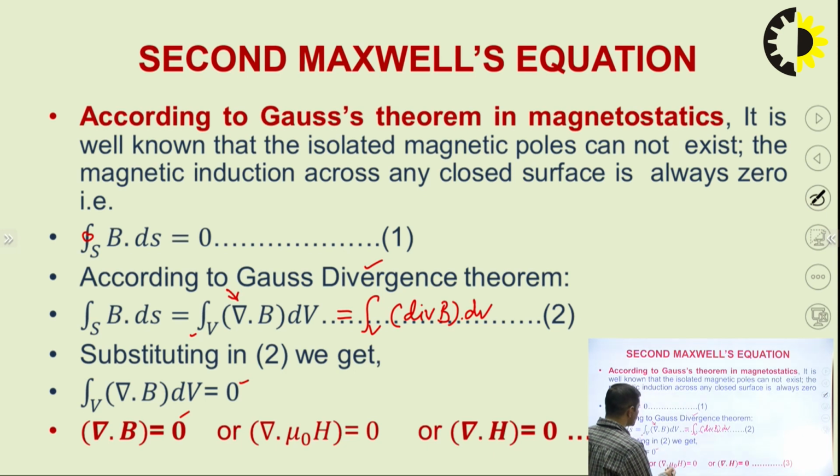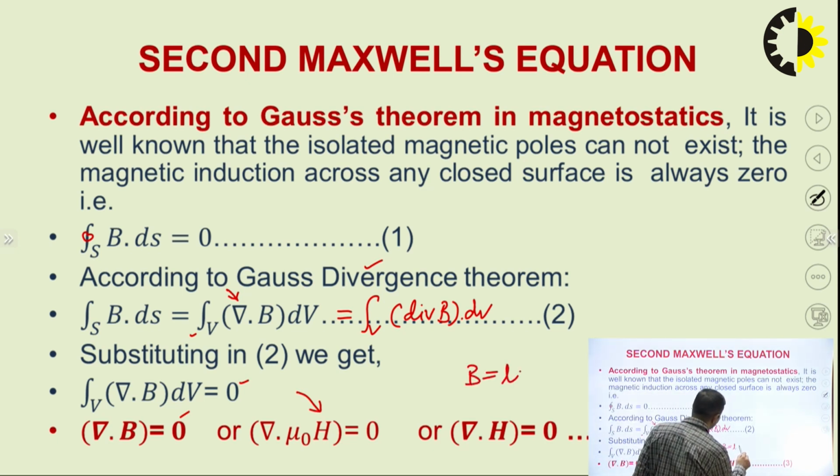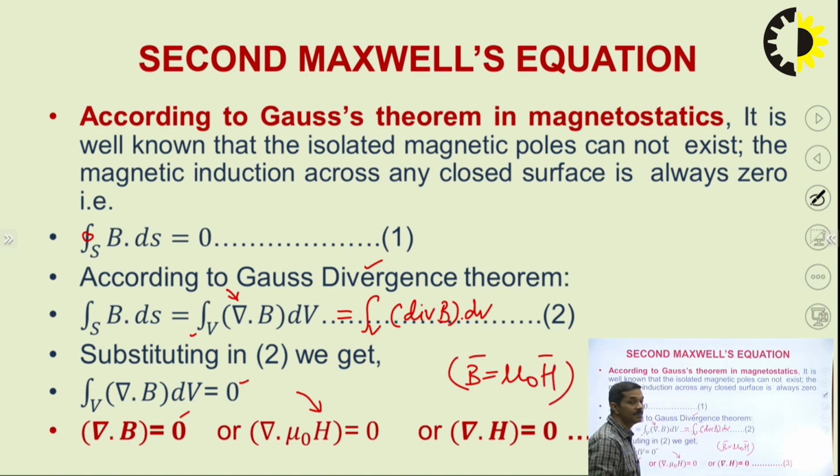Now we can introduce a new quantity, the magnetic field intensity vector H, because we know that the relation between magnetic field density vector and magnetic field intensity vector in free space is B equal to mu naught H. So if we want to write this equation in terms of this new vector H, we have to replace B here, multiplying by mu naught, the permeability of free space.